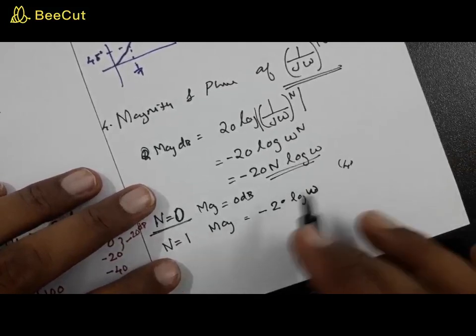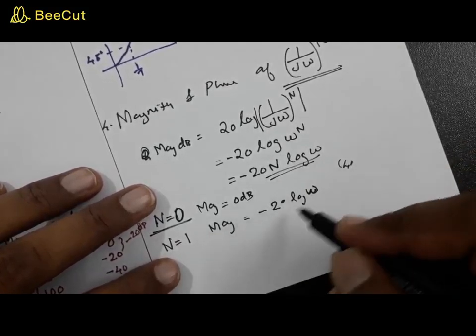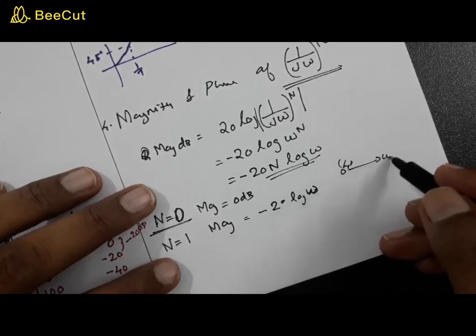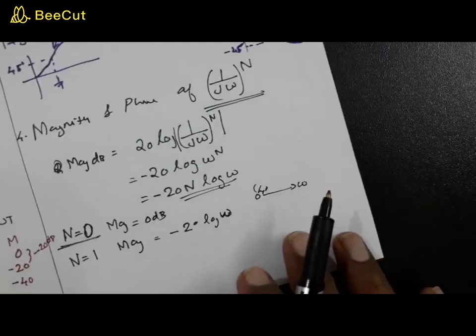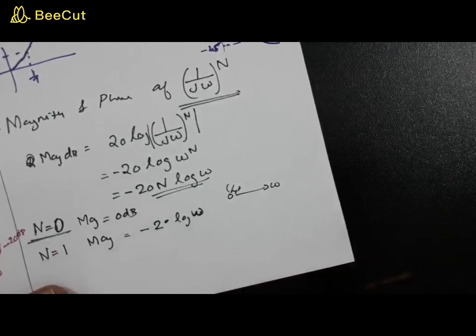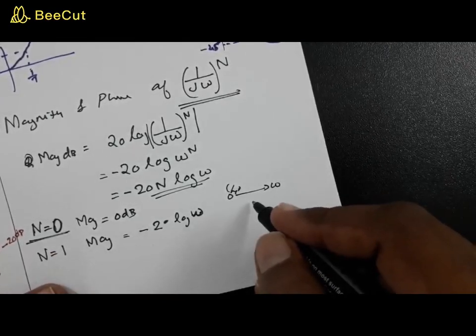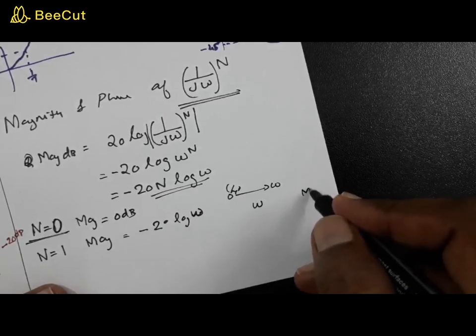There is no time constant and no corner frequency. So that means this particular magnitude varies from 0 to omega. There is nothing called a corner frequency for this. So let us just find out as you vary omega, what is this magnitude.